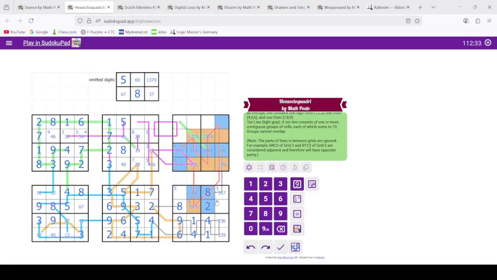Now what? This 3, 5, or 7 can't go there, can't go to any of those cells. Can't go there, can't go to any of those cells, has to go here.